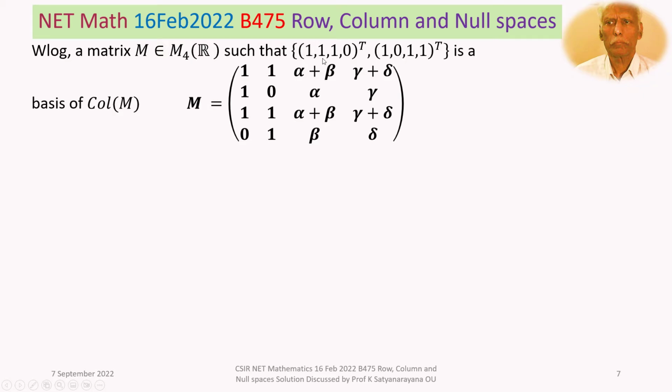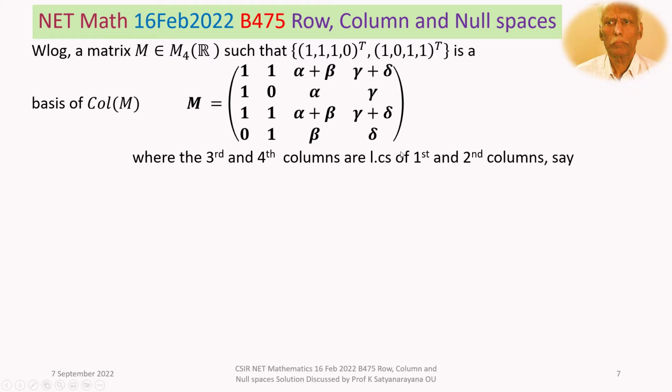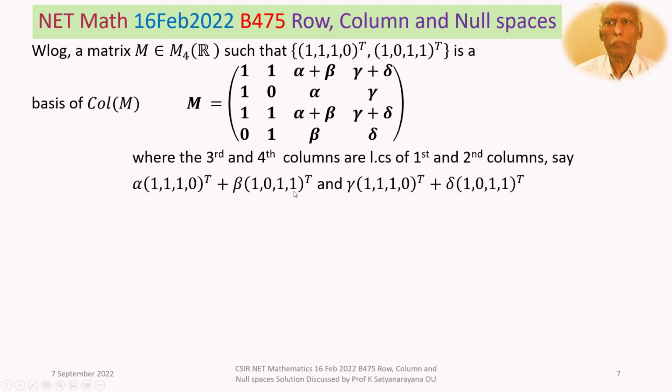So here the third column is alpha times the first column plus beta times the second column, and the fourth column is gamma times the first column plus delta times the second column. So that's what M is.